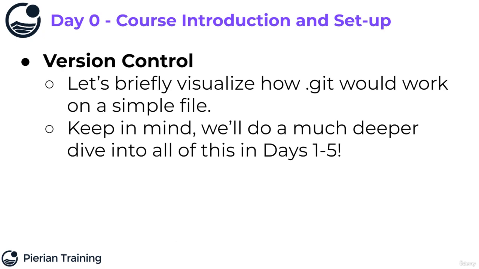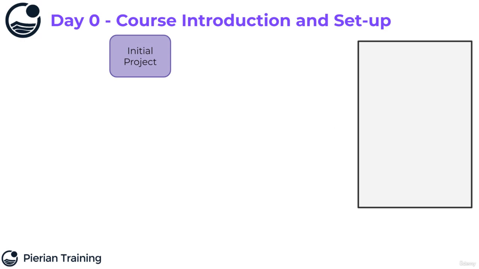So let's briefly visualize how something like Git would work on a simple file. Keep in mind, we're going to do a much deeper dive into all of this on days 1 through 5, but let's just get a brief visual overview. Let's imagine that you've set up your initial project, and this can be a text file, a programming file, or really any digital file that you can edit and make changes to.